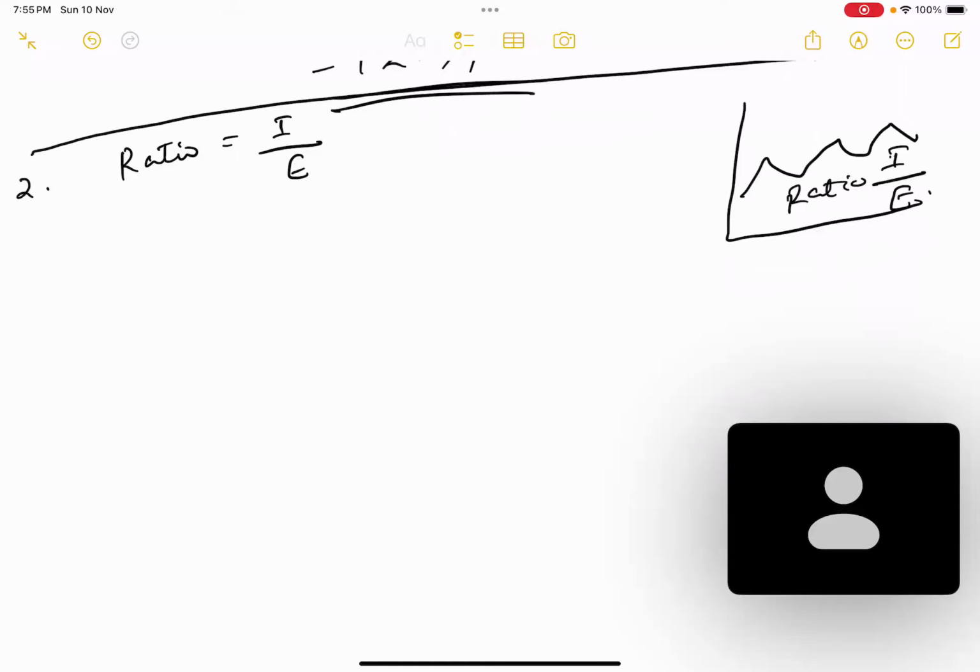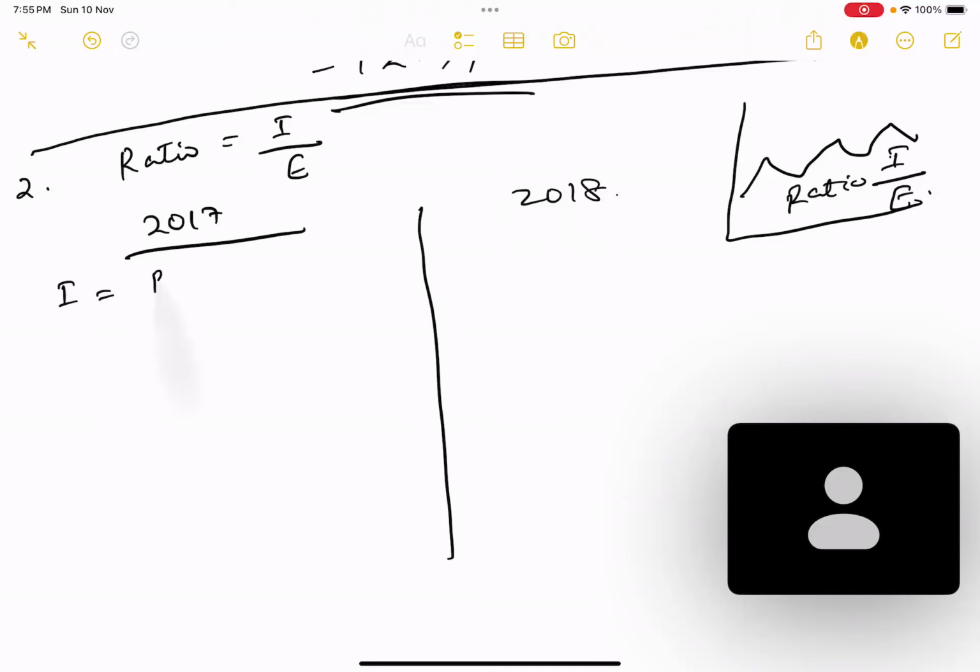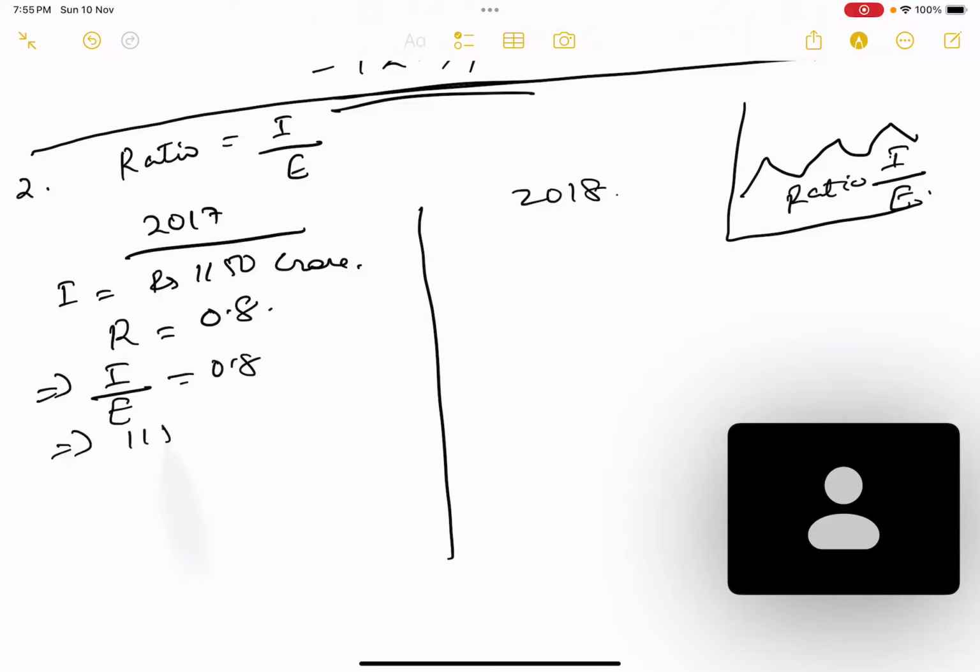We have two sections here again: the 2017 section and the 2018 section. In the 2017 section, the import was rupees 1150 crore, and the 2017 ratio is given as 0.8, which means import by export is 0.8. Import is 1150, so export is equal to 1150 by 0.8, which is 1437.5.